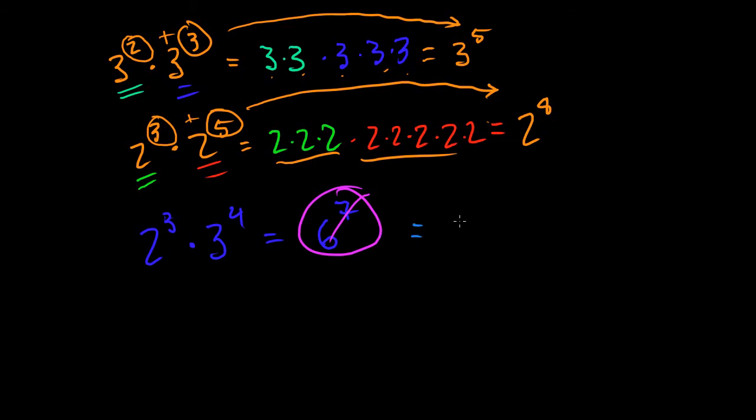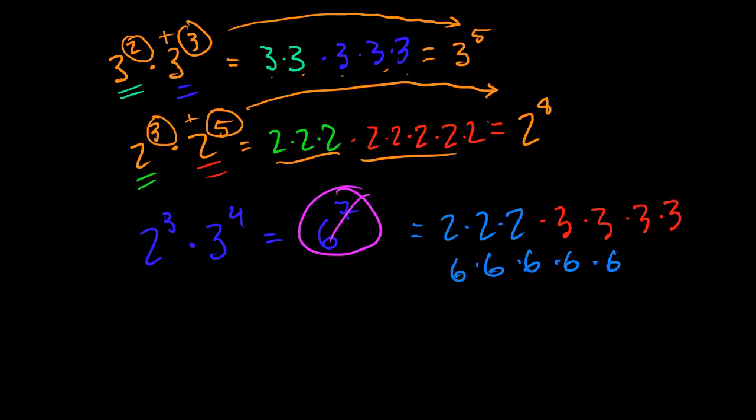2 to the third means 2 times 2 times 2, and 3 to the fourth means 3 times 3 times 3 times 3. But 6 to the seventh is 6 times 6 times 6 times 6 times 6 times 6 times 6, which is going to be much greater than 2 times 2 times 2 times 3 times 3 times 3 times 3. So we don't get 6 to the seventh from multiplying 2 to the third times 3 to the fourth.